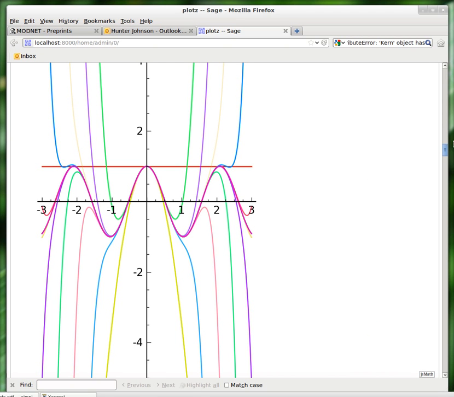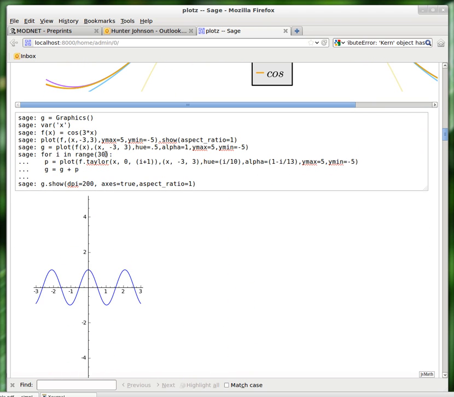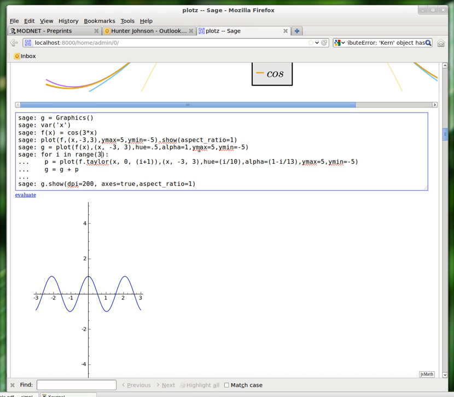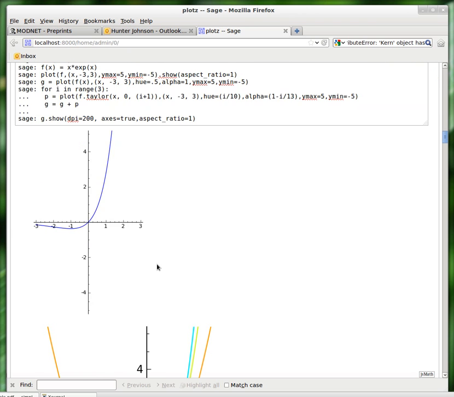So if we do, let's set this up. Let's just set this to 3. All right, so we'll look at the first 3 lines. And change this to x times e to the x. So x times x, and do the picture. So this is what x times e to the x normally looks like.